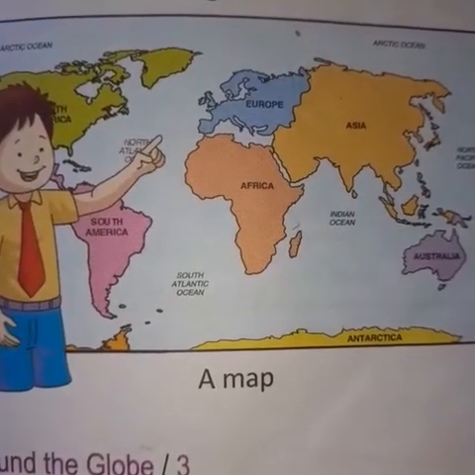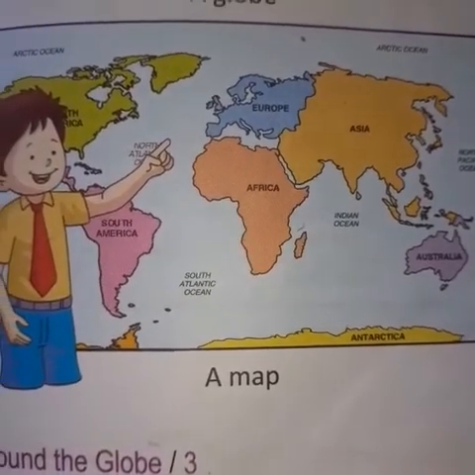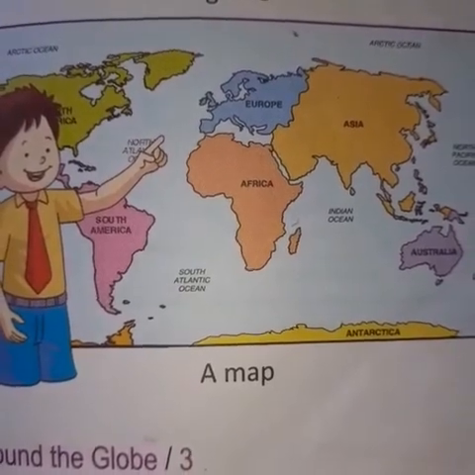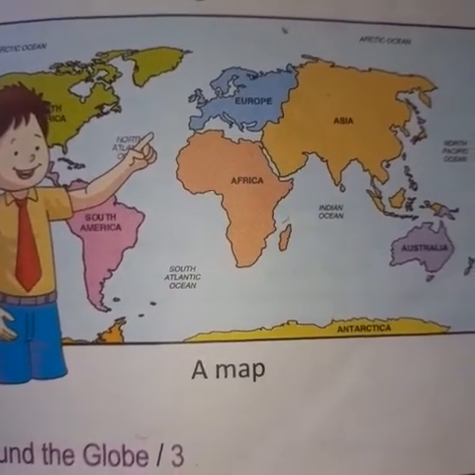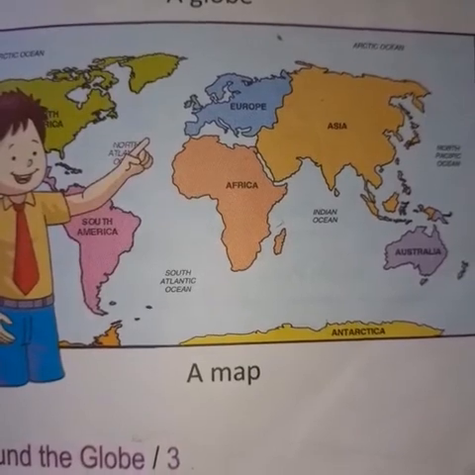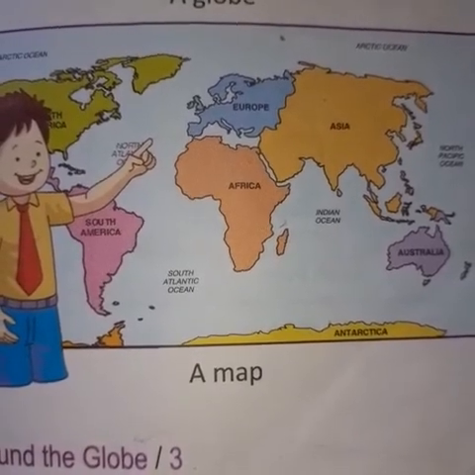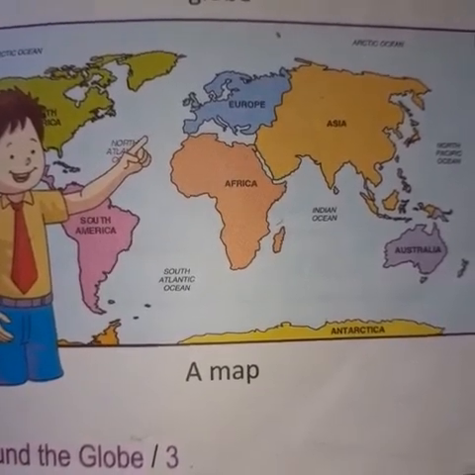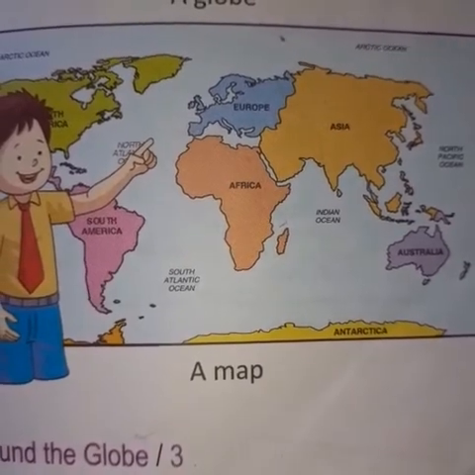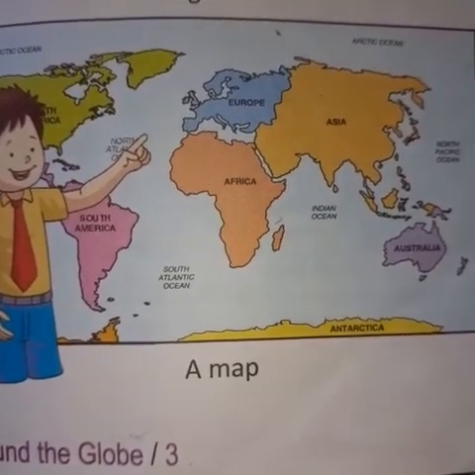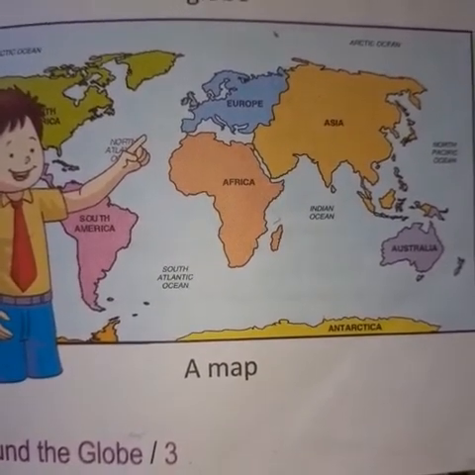Now, what are maps? A map is a drawing of the earth, usually on a flat surface like paper. So, a map of a place is a drawing of the place or a part of it. We can carry maps from one place to another.